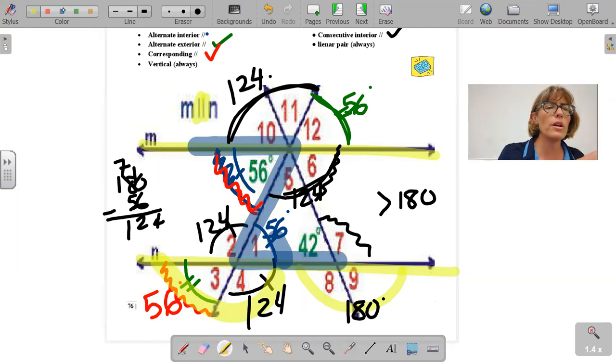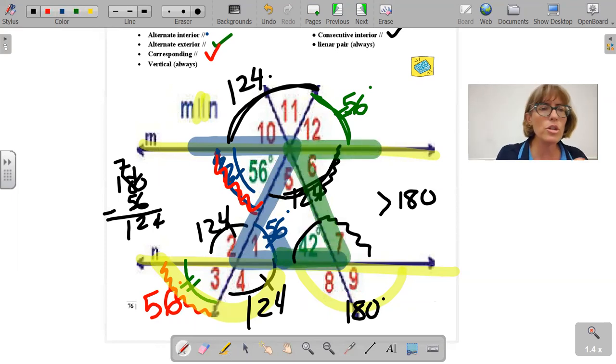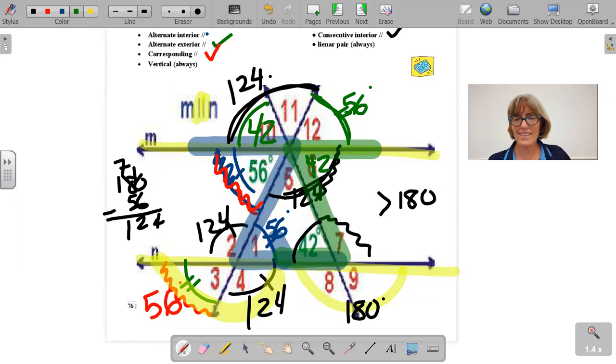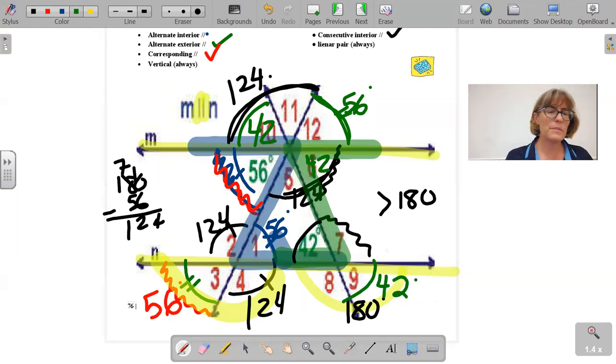Well, watch out here. We have armpits of the Z. So that means if this is 42, this is 42. And vertical angles, 10 is also 42. And 9 is 42 degrees.